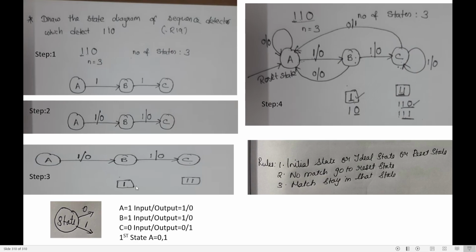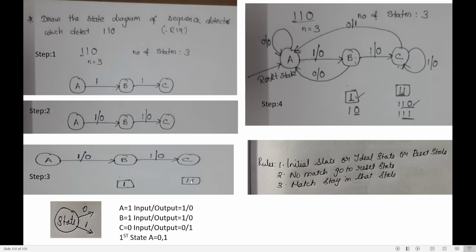Write a small rectangular box here, and a small rectangular box here. Inside this box, you need to write the bit which is detected. What is the bit which is detected at this state? You have detected 1. So you have to write 1. What is the bit you have detected at this stage? You have detected 1 and 1.